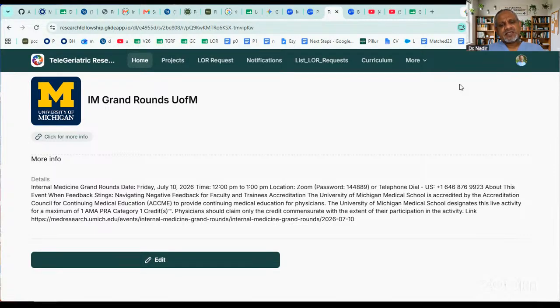But in the past, most of the fellows in this program attended the grand rounds here in Lansing remotely. They used Zoom in the past here, and Sparrow is now acquired by University of Michigan.